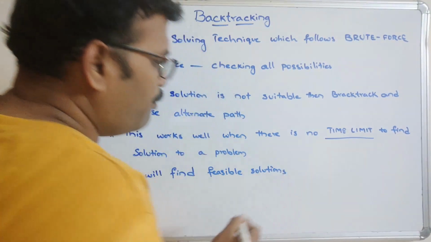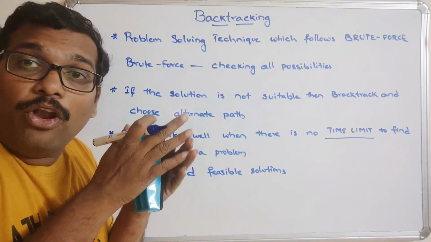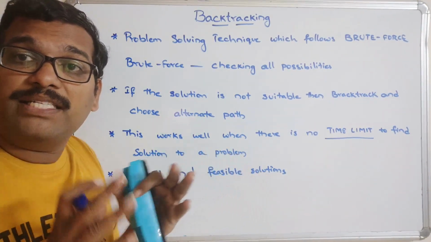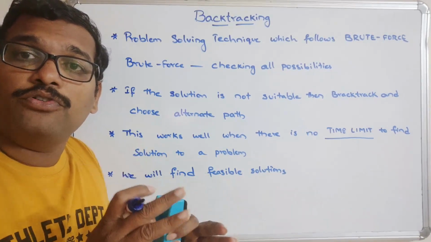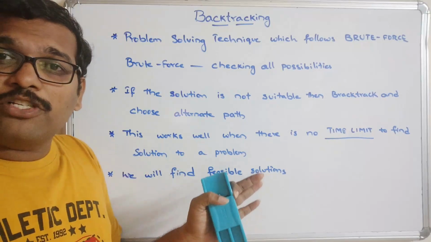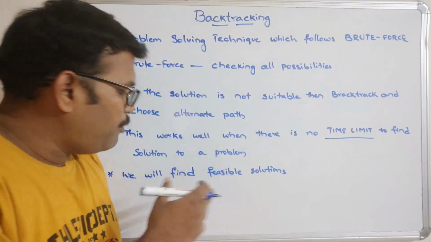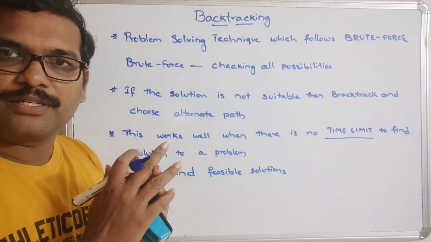We have studied these feasible solutions. One problem can have a lot of solutions, but based upon the constraints, we are supposed to select the optimal solution. All possible solutions we call feasible solutions. So here we are supposed to find these feasible solutions.